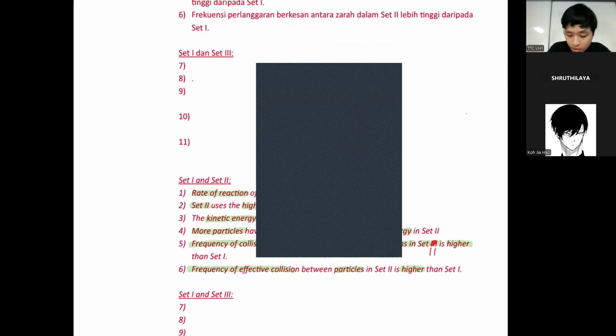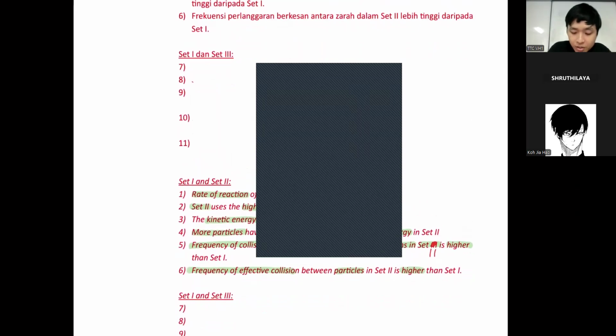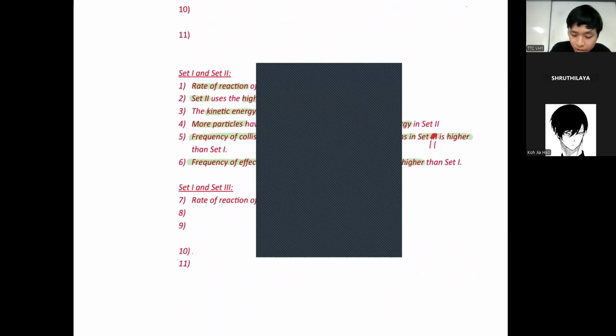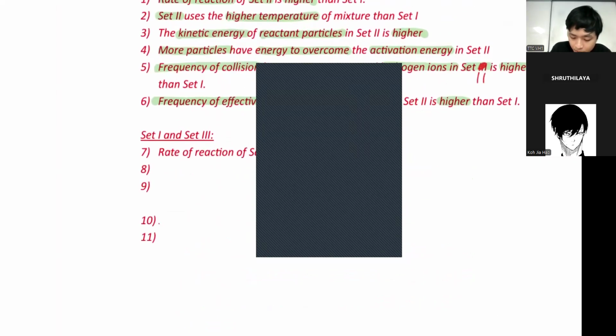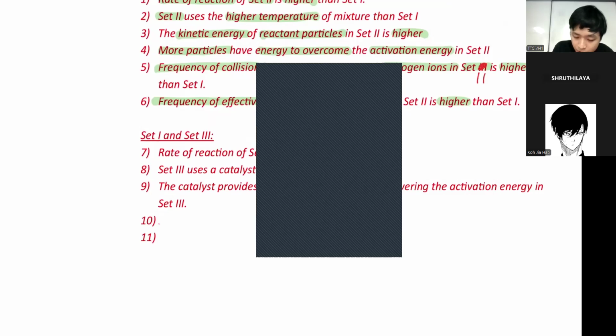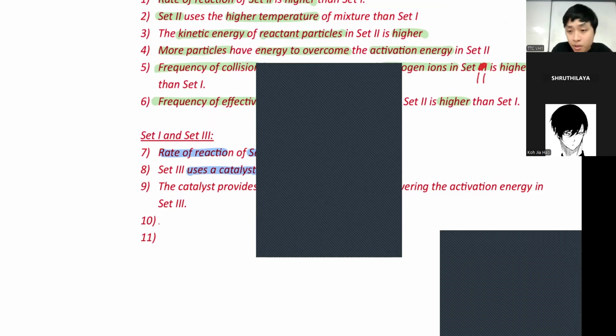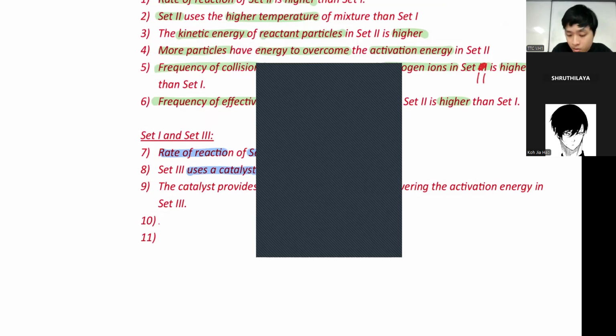Then the catalyst, what you say is, the rate of reaction in set 3 is higher because set 3 uses a catalyst, or you can say uses copper sulfate. And then the catalyst provides an alternative pathway by lowering the activation energy.